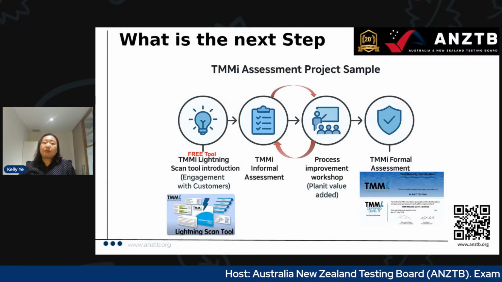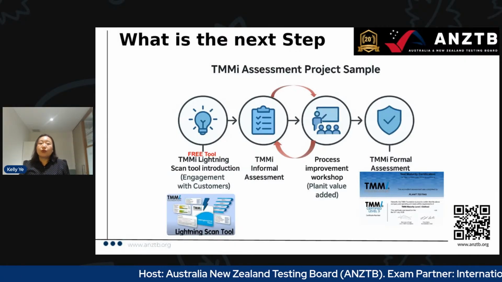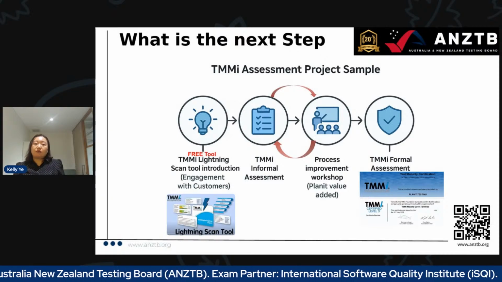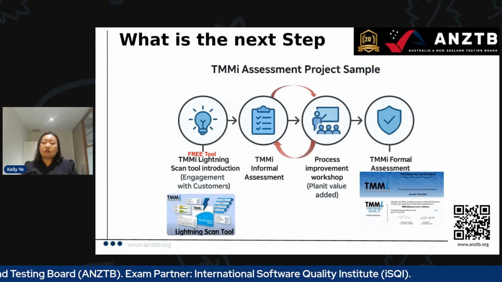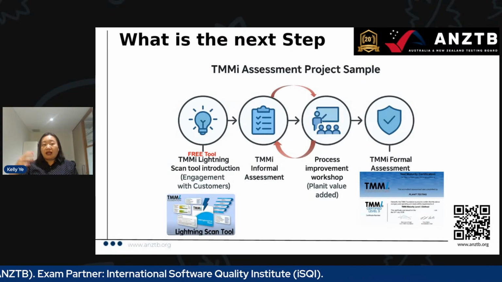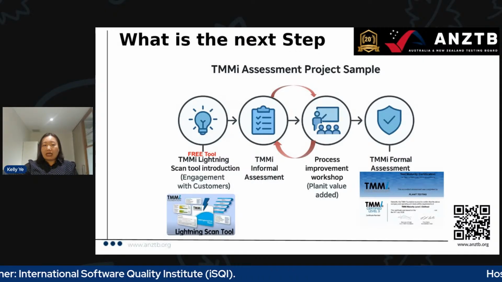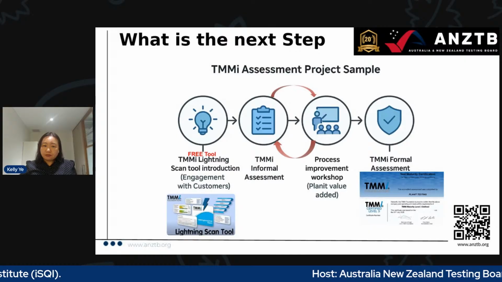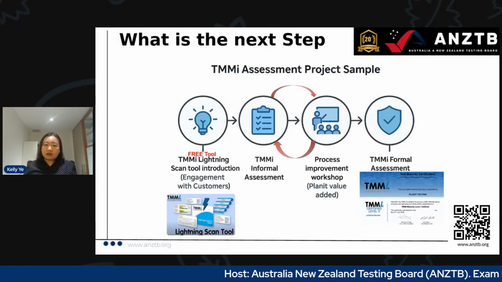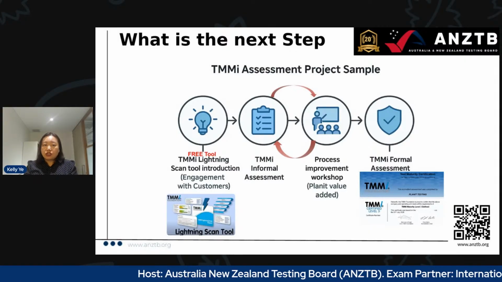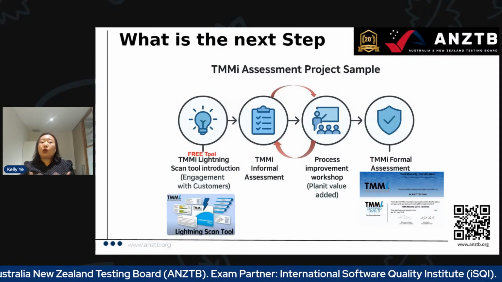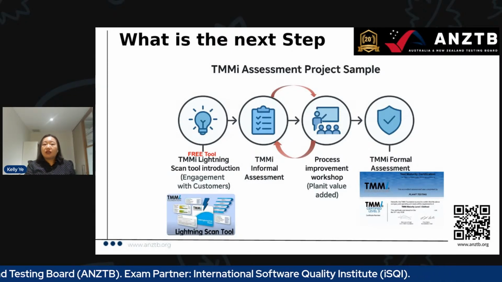Then conduct a TMMi informal assessment with an Accredited TMMi Lead Assessor. They will give you feedback, and they can also present workshops to help you identify your strengths, your gaps, and your improvement areas, and to present to your stakeholders. Then every improvement action item depends on your stakeholders' decisions and organization business objectives.